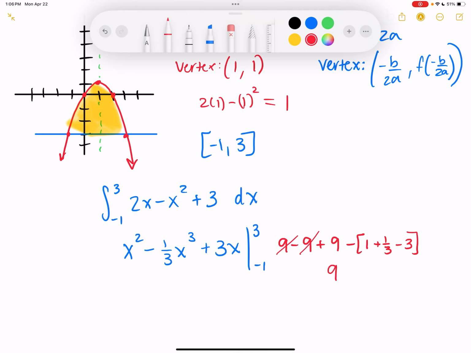Oh, you're distributing. 9 plus 1 2/3 or something like that, right? 1 minus 3 is -2 plus 1/3, yeah, so -1 2/3, right? Not like I'm asking, but check me on that. So that would be 10 2/3, which would be 32 over 3.